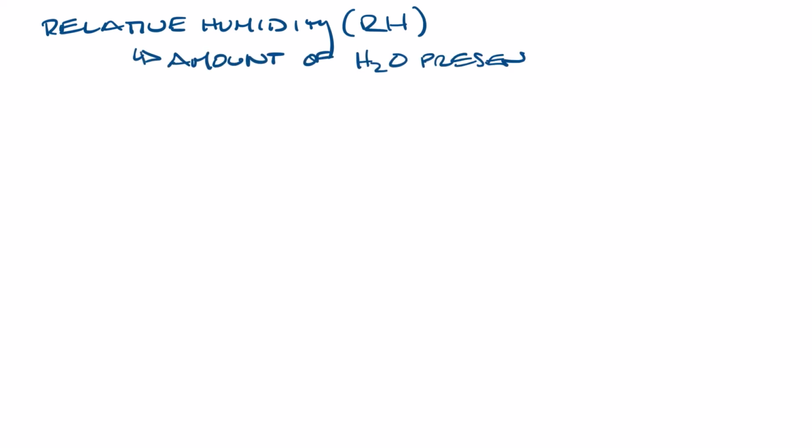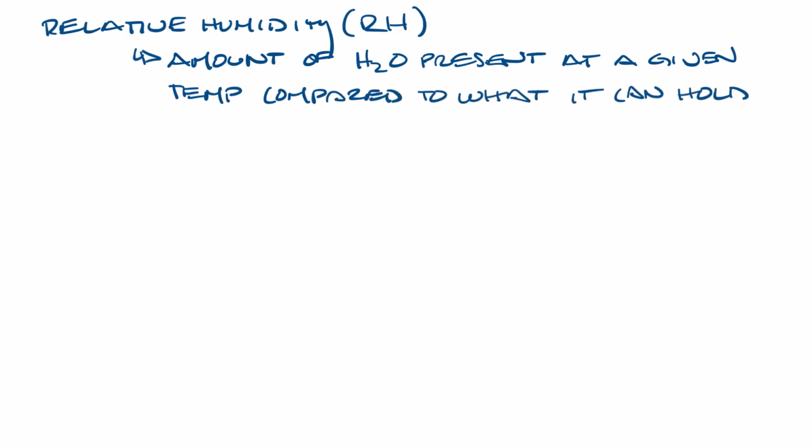Most often when we hear humidity discussed, they're talking about relative humidity, RH. Relative humidity is the amount of moisture present in the air at a given temperature compared to what the air could hold at that temperature, and it's shown as a percentage like 65% relative humidity. As air temperature increases, its capacity to hold water vapor increases.